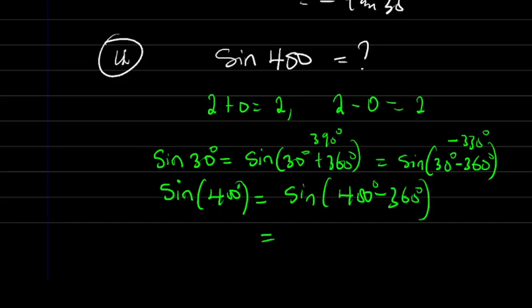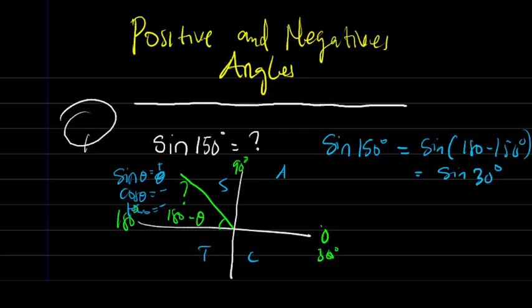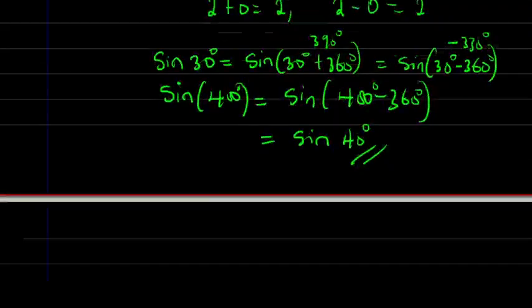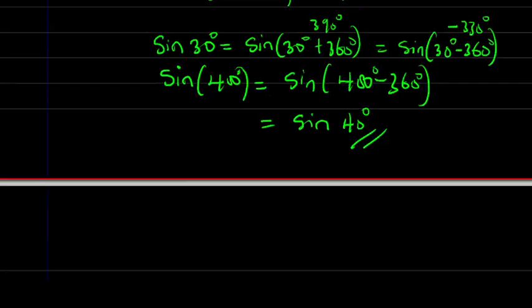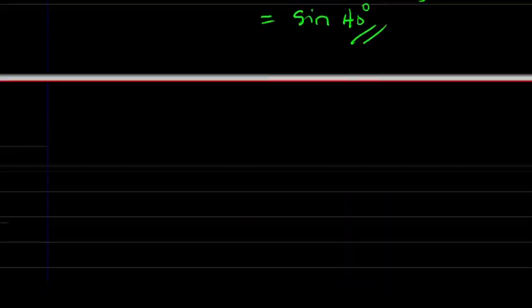So we have sine 40 degrees, and we are able to write this angle in the lowest form: sine 40 degrees. You can see that it is very easy to handle.